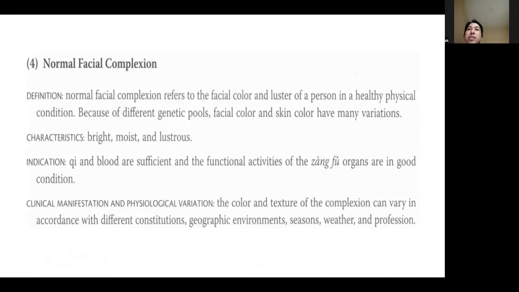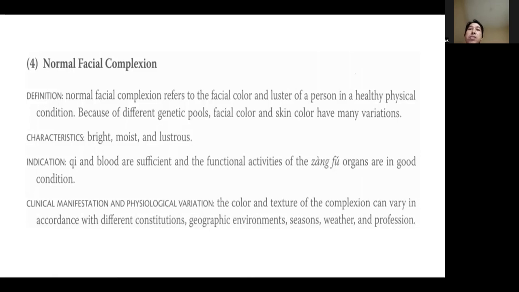So as you can see, normal facial complexion. Normal facial complexion refers to the facial color and luster of a person in a healthy physical condition. Because of different genetic pools, facial color and skin color have many variations. Bright, moist, and lustrous.